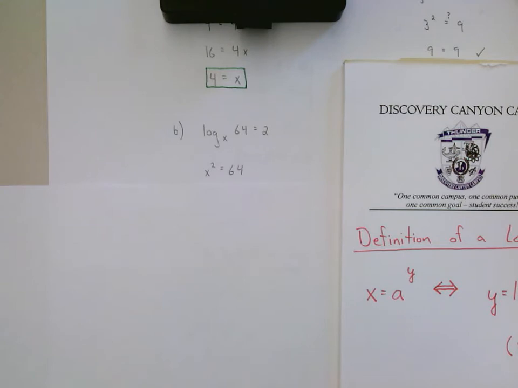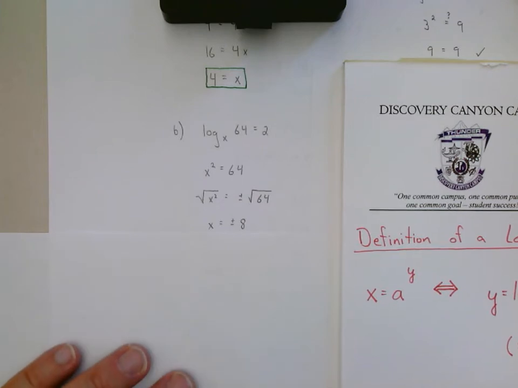X squared equals 64. Again, now an easy algebra 1 equation. Square root both sides of my equation tells me that the square root of x squared is equal to plus or minus the square root of 64, and thus x is equal to positive or negative 8.